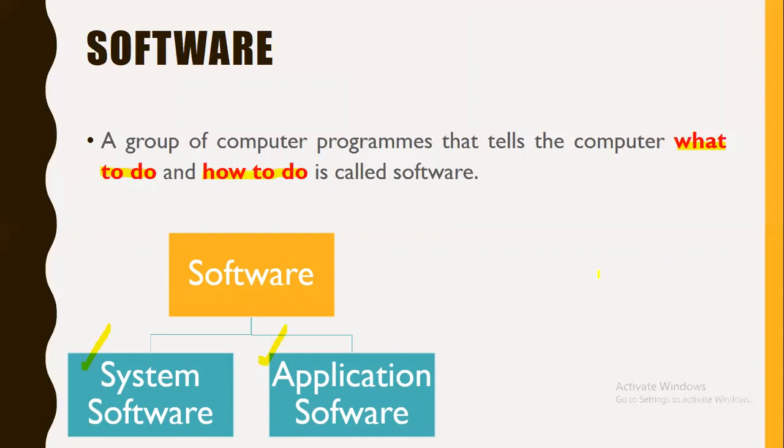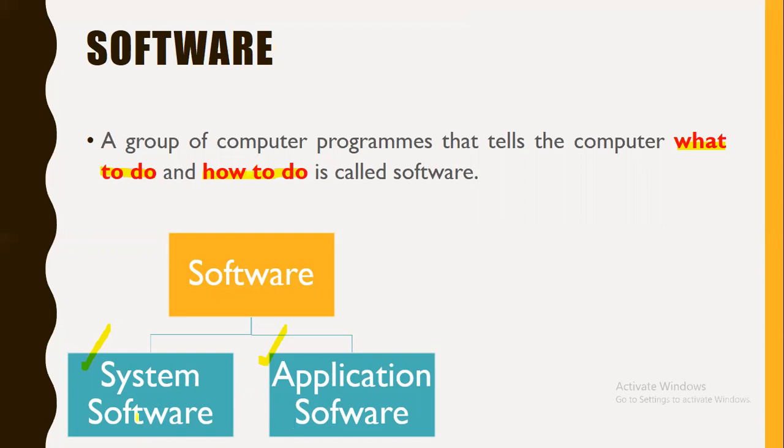As we all know, software has two main types, that is system software and application software. System software has its own various types and application software has its own various types.